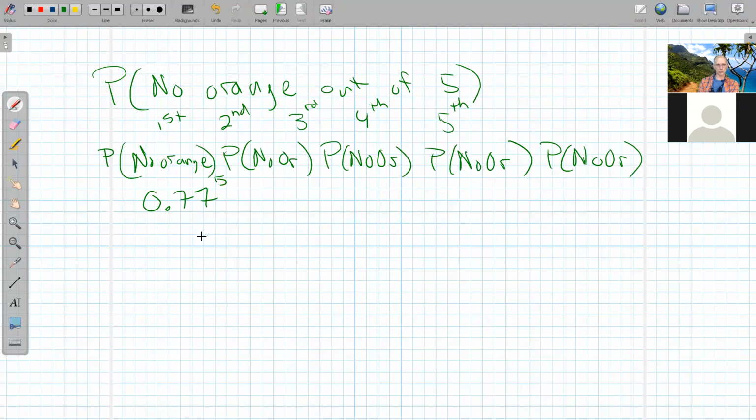Does that seem reasonable? And that should be not quite as high as the other probability I found, which takes into account every spot can't have an orange. So I can't have 1 out of 4 orange, I can't have 2 out of 4 orange, every spot has to be a no orange.